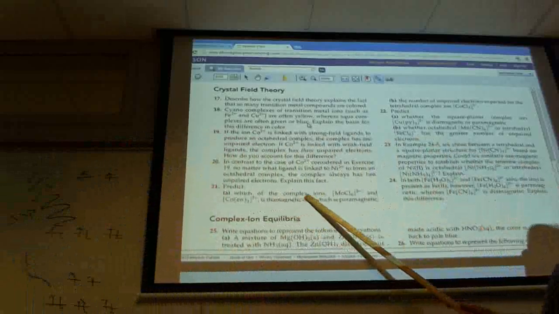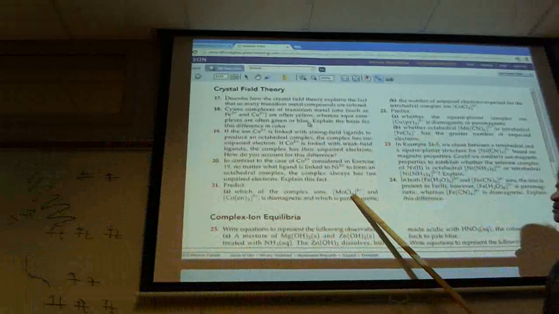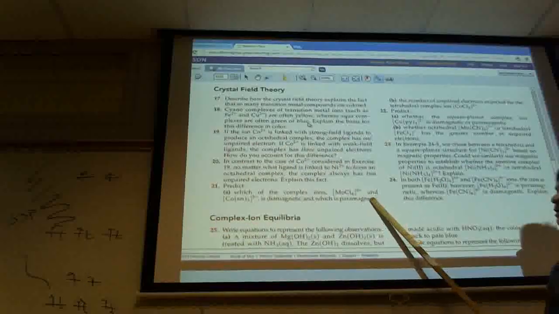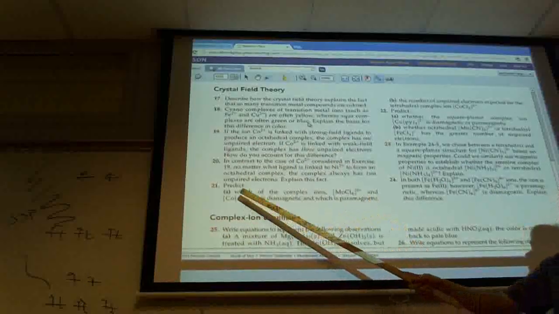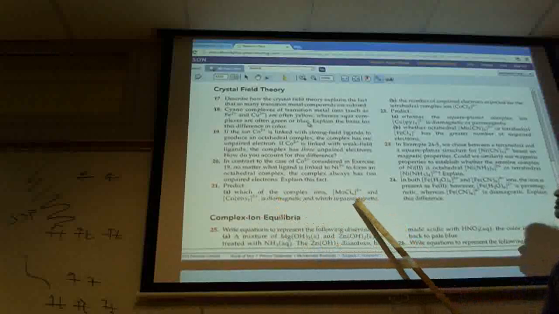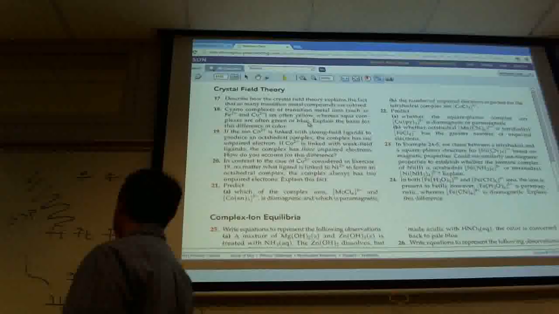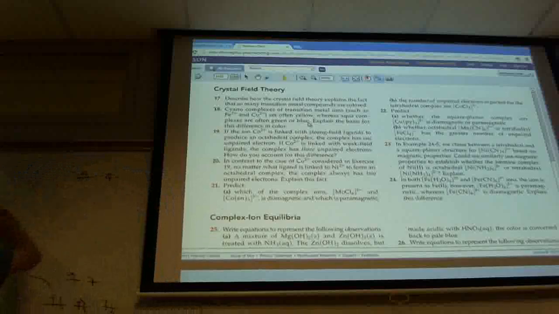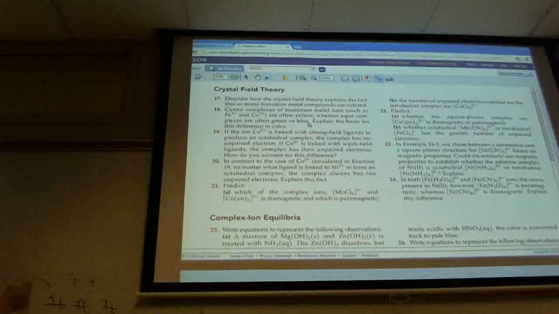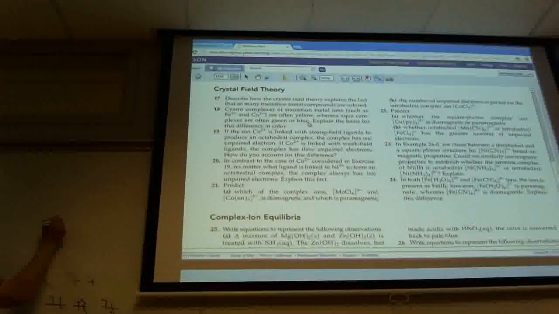#21. Predict which of the complex ions, hexachloromolybdate 3 and tris ethylene diamine cobalt 3, is diamagnetic and which is paramagnetic. And so the first complex is octahedral, right? MoCl6. And so what is the charge on molybdenum?